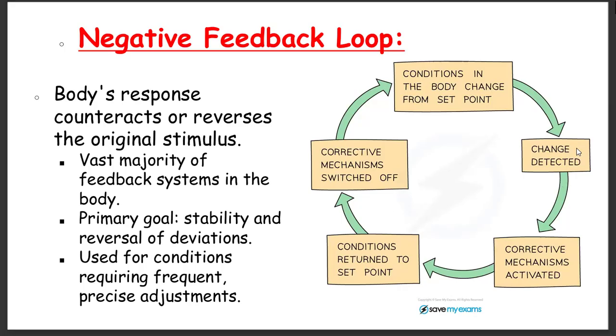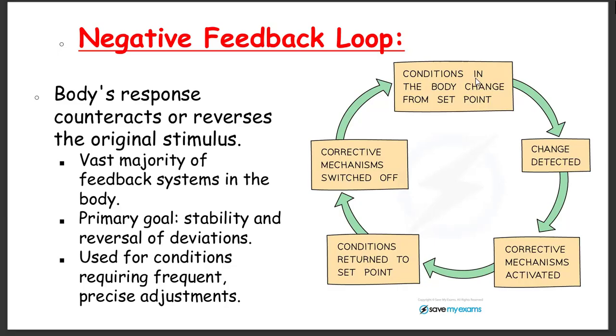So it consists of these particular characteristics. There will be a change detected, then a corrective mechanism will be activated, and the purpose of that corrective mechanism will be to return the condition to its set point. And the corrective mechanism is going to be switched off after that particular goal has been achieved, and the conditions in the body are going to return to the set point.